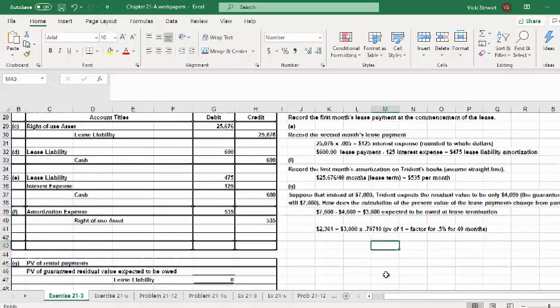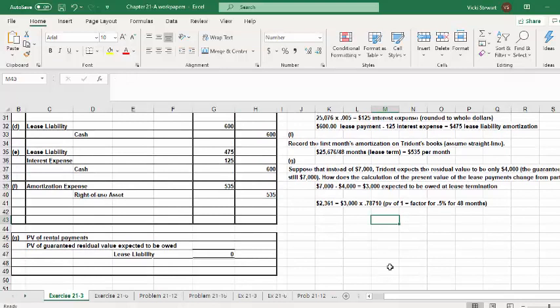The G portion states, suppose that instead of $7,000, Trident expects the residual value to be only $4,000 and the guaranteed amount is still $7,000. How does the calculation of the present value of the lease payments change from Part B?